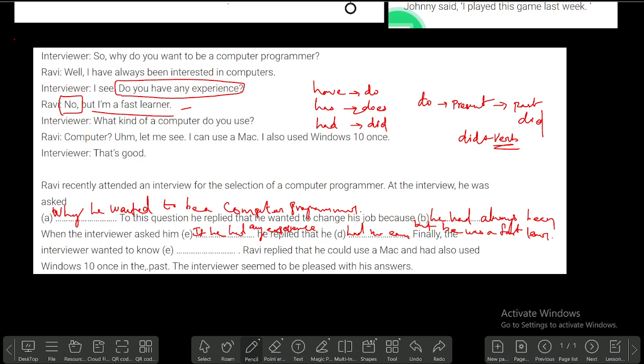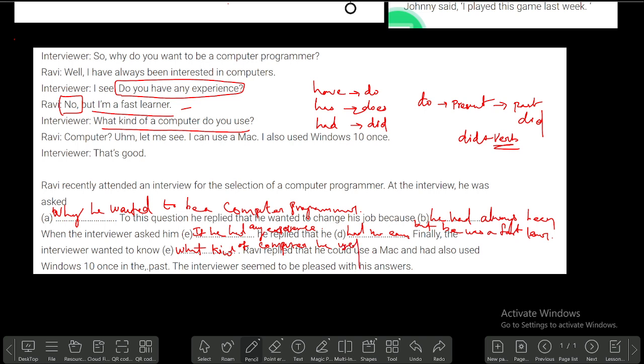And the next: what kind of computer do you use? Here we want to ask the question. Finally, the interviewer wants to know what should be your answer, my dear. Listen, first row: what kind of computer he used.